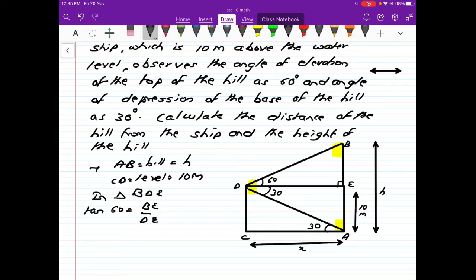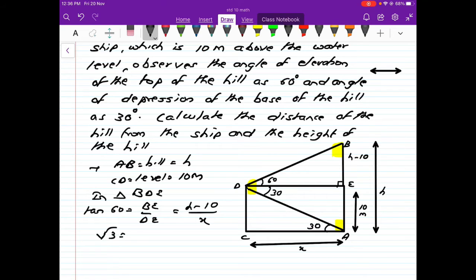Now if H is the total height of the hill and the deck CD is 10 meters, this will be H minus 10 meters. So BE is nothing but H minus 10, and this AC is X. The value of tan 60 is root 3.